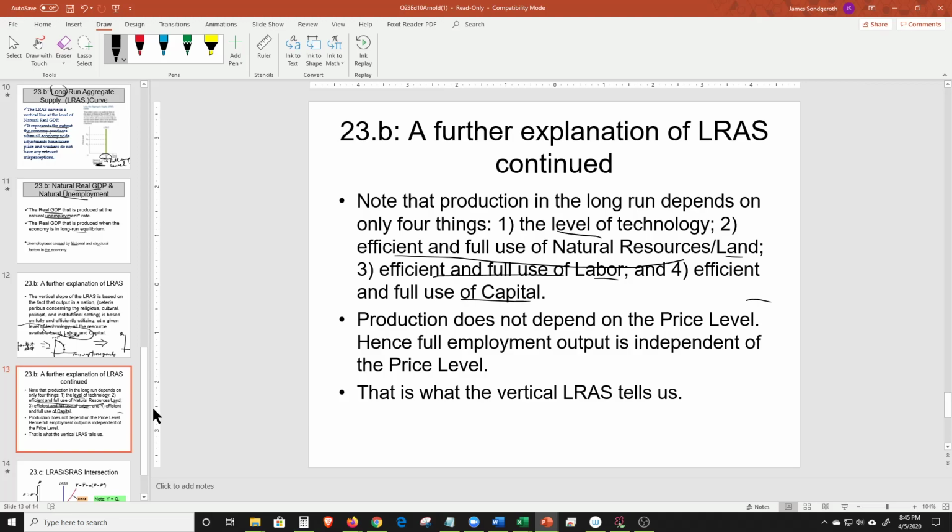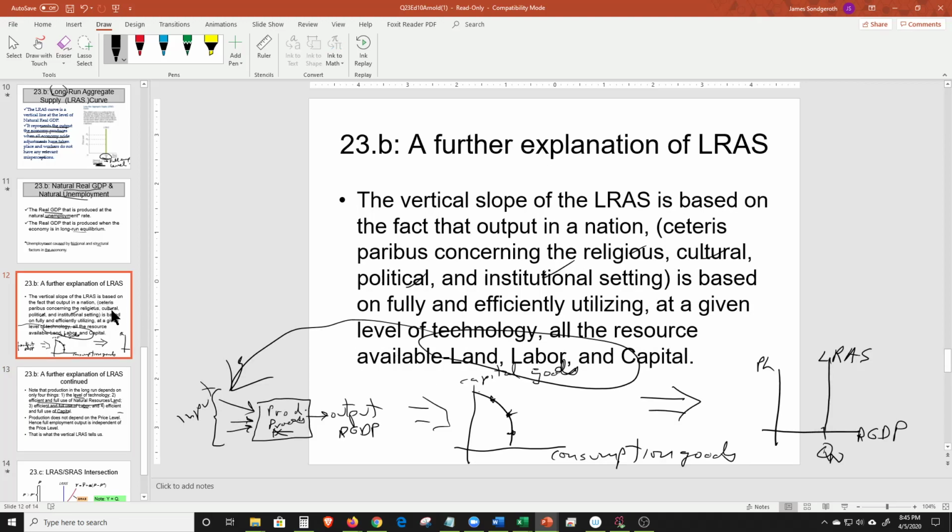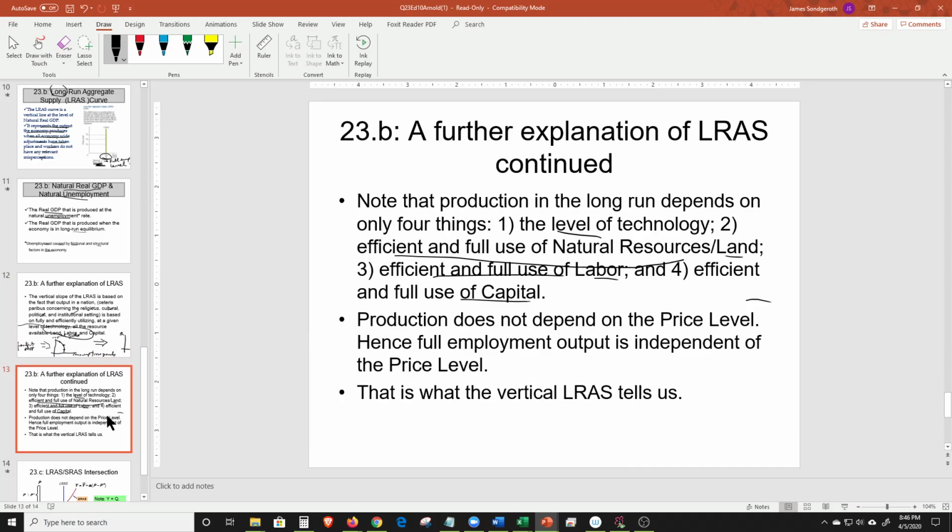We're on the production possibilities frontier. But notice that back in this one, the inputs do not include price levels. So output does not depend upon the price level. No price level as an input, okay? So the amount we can produce just depends upon our real inputs, not the price level.